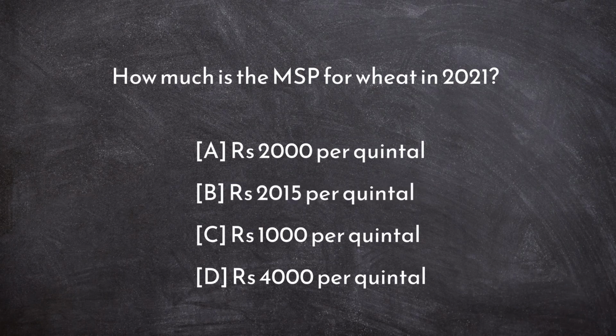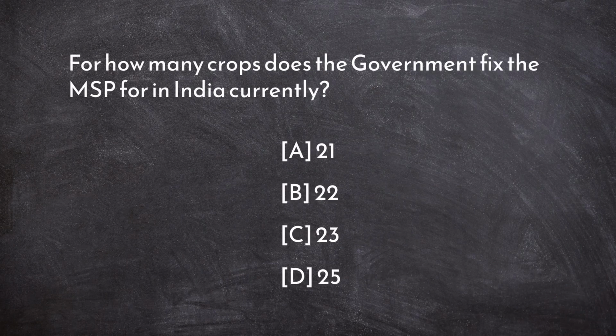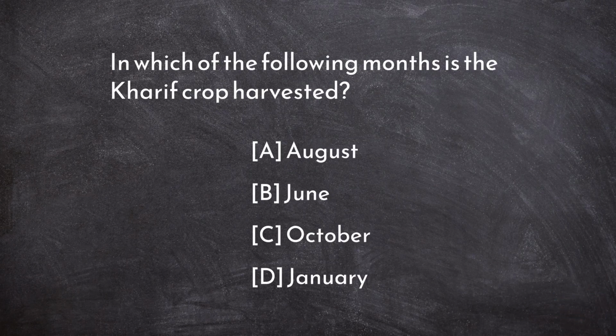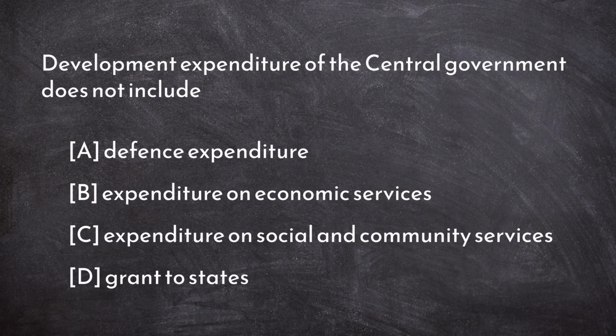(17). How much is the MSP for wheat in 2021? 20.15 per quintal. For how many crops does the government fix the MSP for in India currently? (23). In which of the following months is the Kharif crop harvested? October.